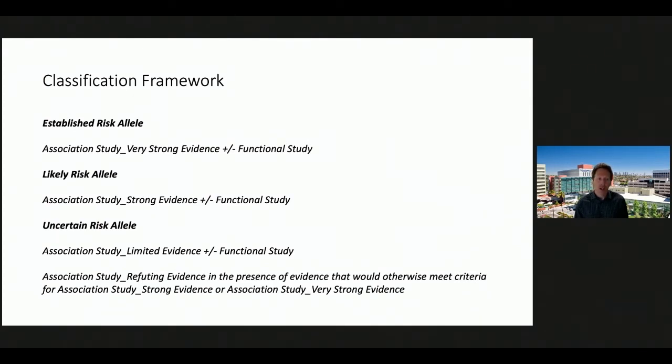Same thing for likely risk allele. That would be strong evidence, but not very strong evidence. You may or may not have functional study evidence. And then uncertain risk allele would be limited evidence, or scenarios where you have refuted association study evidence. So next slide.